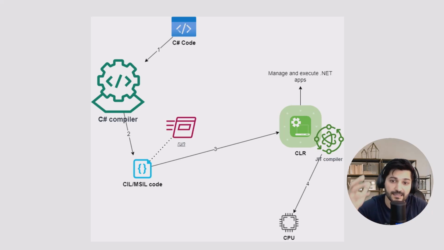And in this case, the CLR will take care of our intermediate language data, okay? And inside the CLR, we have one component called the JIT compiler, the just-in-time compiler, that is responsible for getting Microsoft Intermediate Language code and compiling it to CPU-based native language.